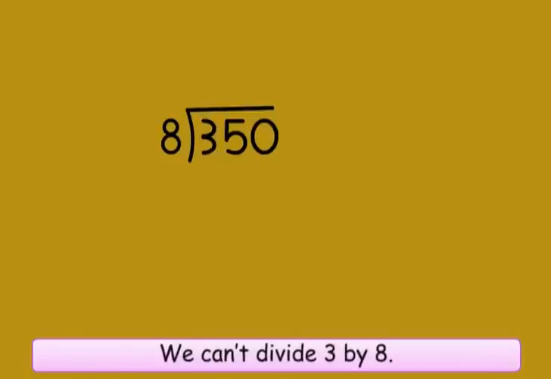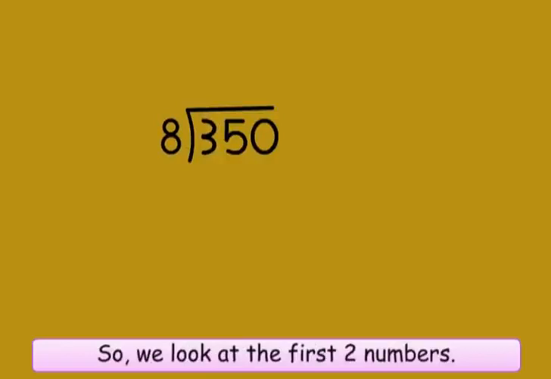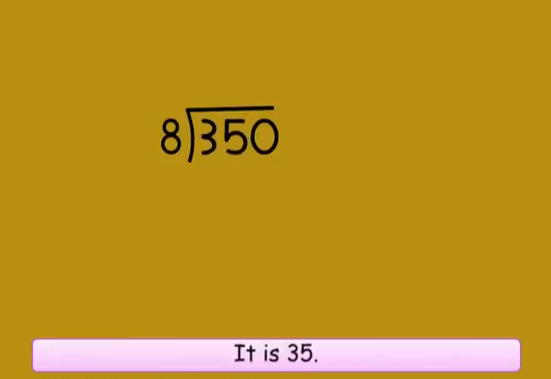We can't divide 3 by 8. So we look at the first 2 numbers. It is 35. We have to divide 35 by 8.